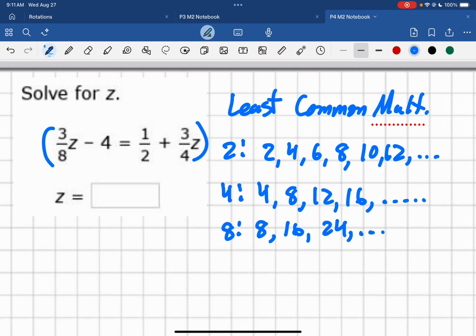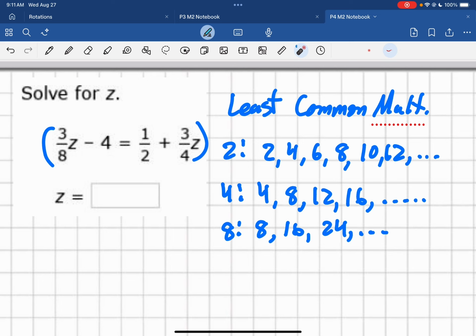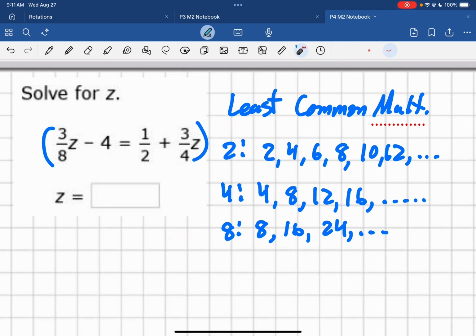Each time we're just adding 8. So look at the 2, the 4, and the 8. What's the least common multiple? It looks like 4 would be it, but it's not a multiple for the 8. So what about 8? Yeah, you got it. 8 is our least common multiple.